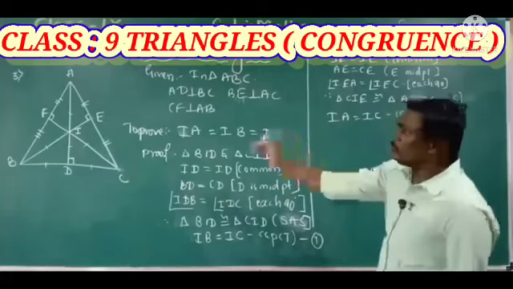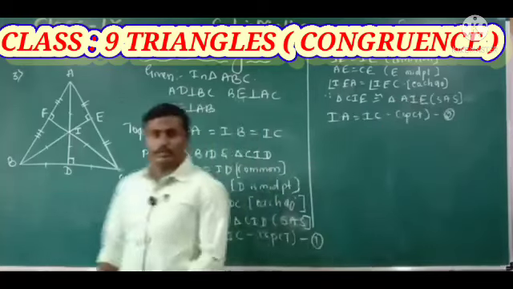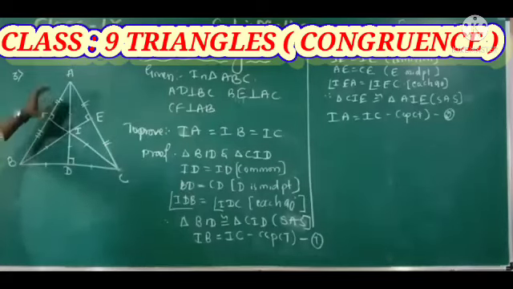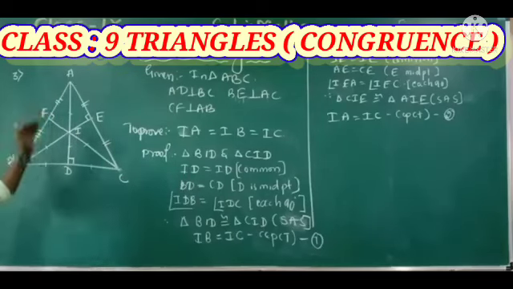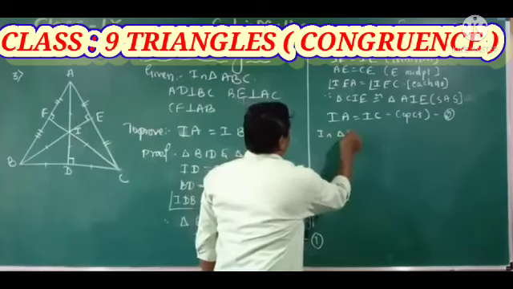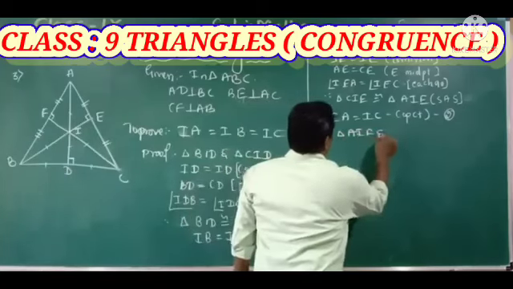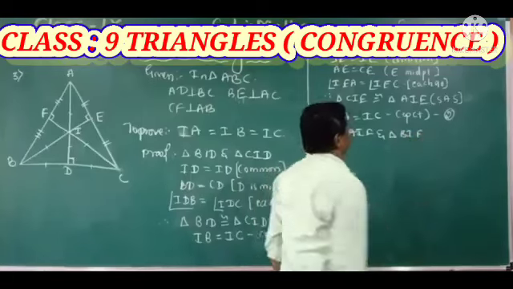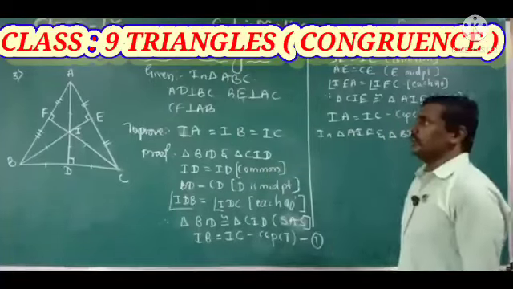Now one more pair of triangles is remaining in this diagram. What are the triangles? Triangle AIF and BIF, right? So in triangle AIF and triangle BIF, again you need to write the equal things.